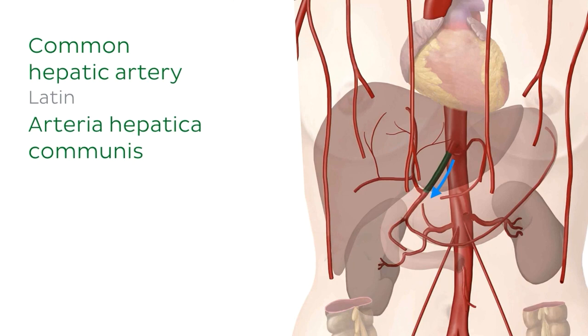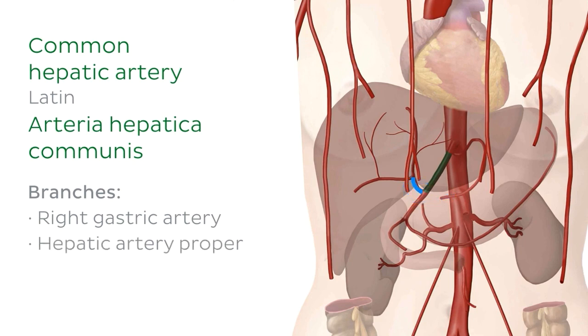another larger abdominal compartment, and it gives off its first branch, the right gastric artery, which, as we saw just now, supplies the lesser curvature of the stomach on the right side and forms an anastomosis with the left gastric artery. The name of this artery is common hepatic artery, and as you may know already, the word hepatic refers to the liver. However, the common hepatic artery does not supply the liver directly.